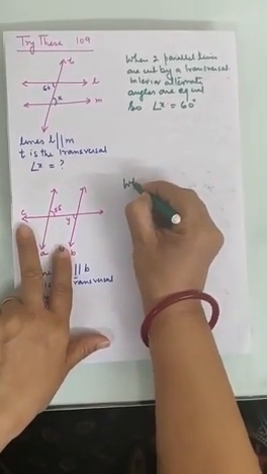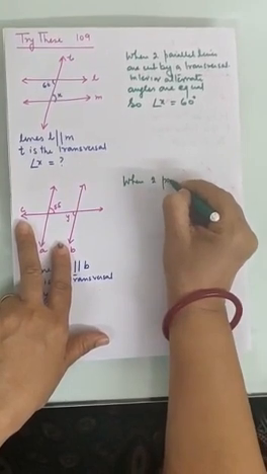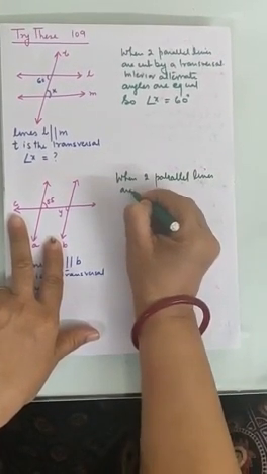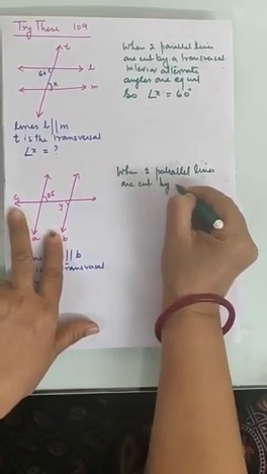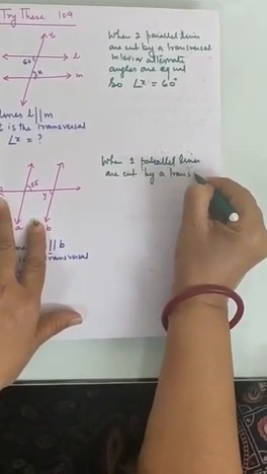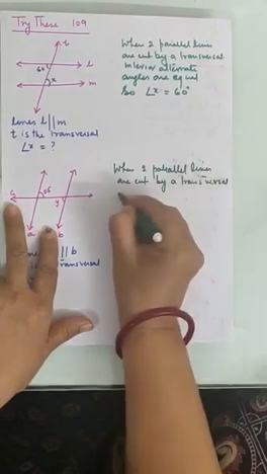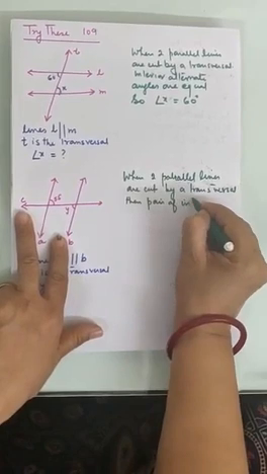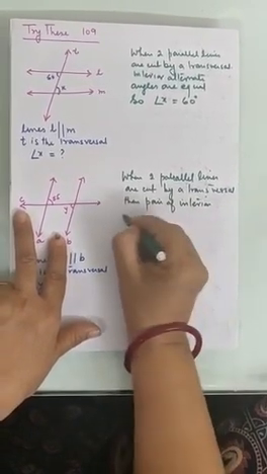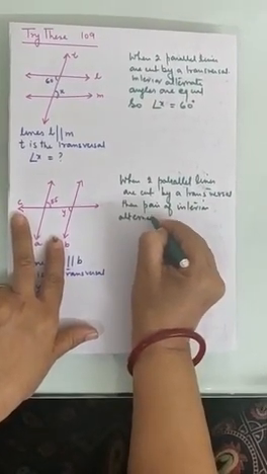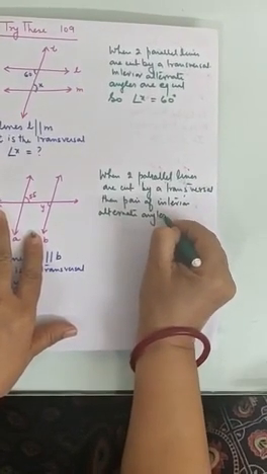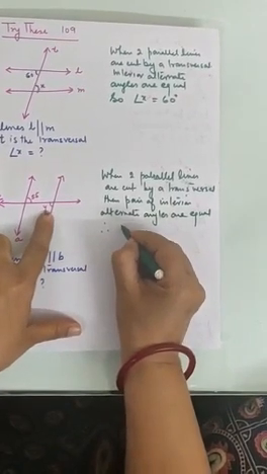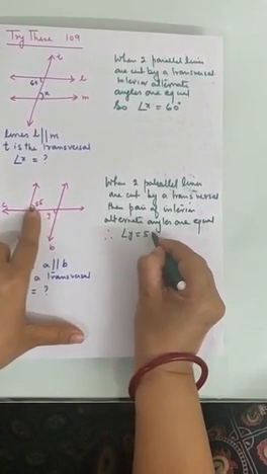So we write here, when two parallel lines are cut by a transversal, then a pair of interior alternate angles are equal. Therefore, angle Y is equal to 55 degrees.